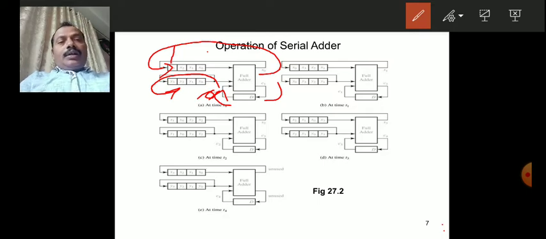That means now, at time t1, what happens is A1 is available as an input to the full adder, B1 is available as an input to the full adder, and C1 is available as an input to the full adder.